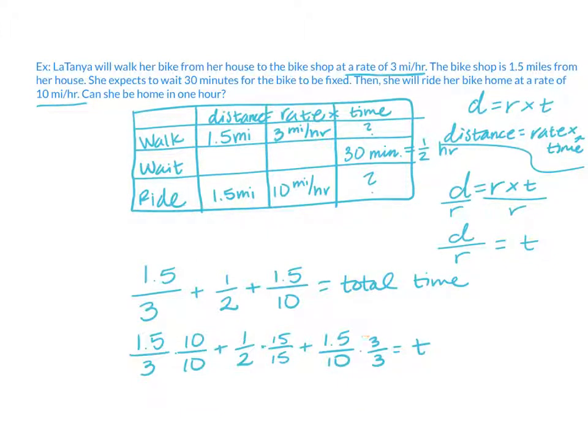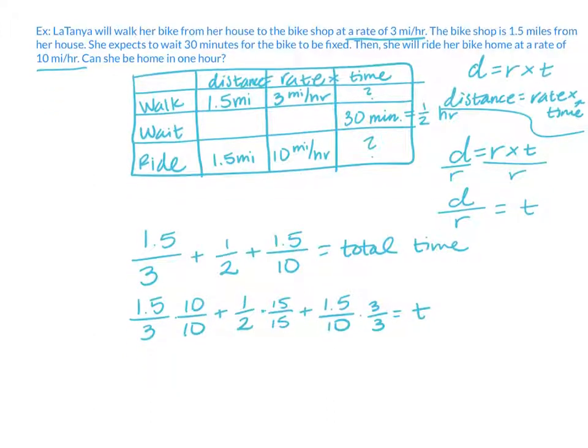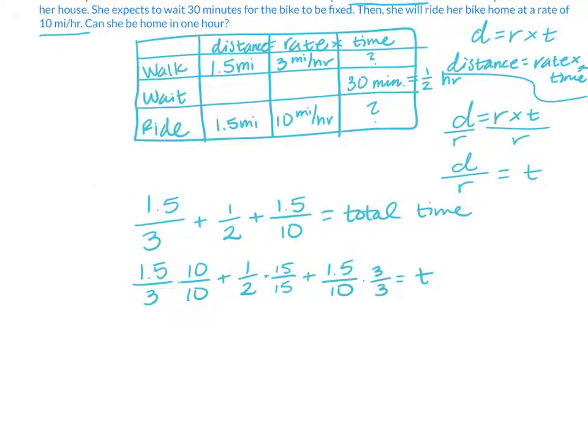Now that I have that, I'm going to simplify. So this becomes 15 over 30 plus 15 over 30 plus 4.5 over 30 must be equal to t.